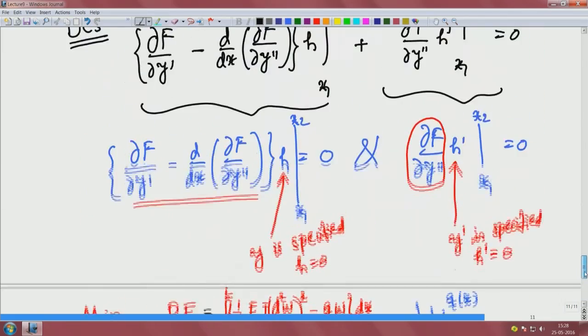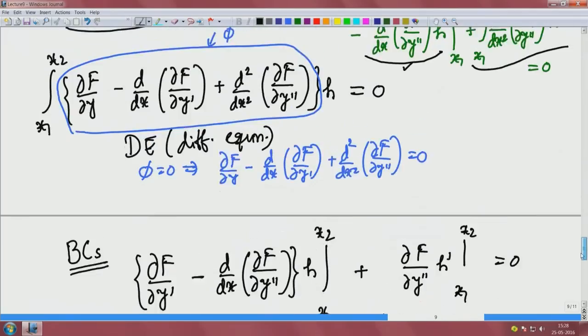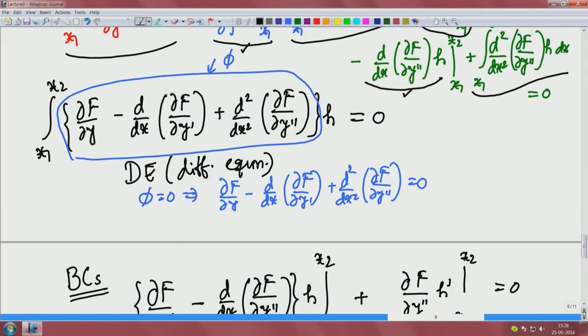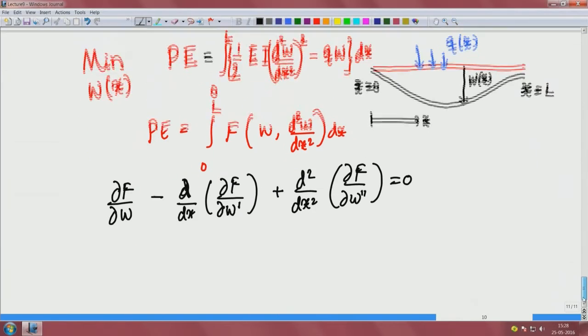Let us go up and see that that is what we had as the equation, right. So, dou f by dou y, minus d by dx of dou f by dou y prime, plus d square by dx square of dou f by dou y double prime. Now, our function y has become W.